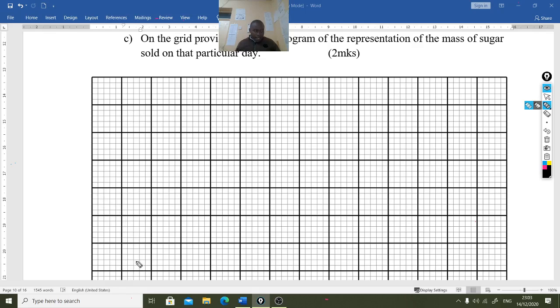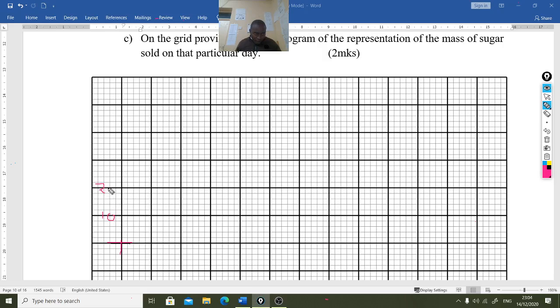Remember the frequencies are on the y-axis. If I think of a scale, if this is my 0 and I think of 10, that means 1, 2, 3, 4, 5, each has 2. 10, 20, 30, 40 will be okay.